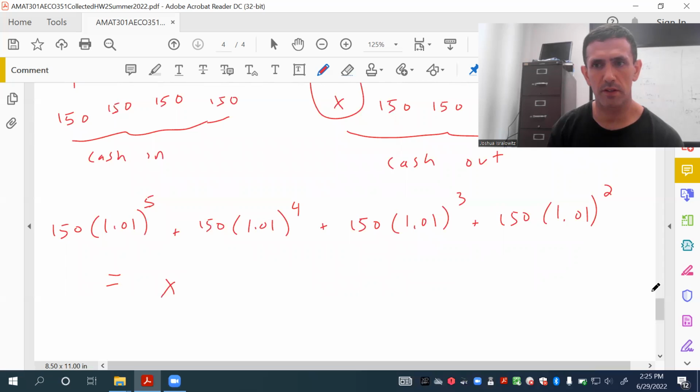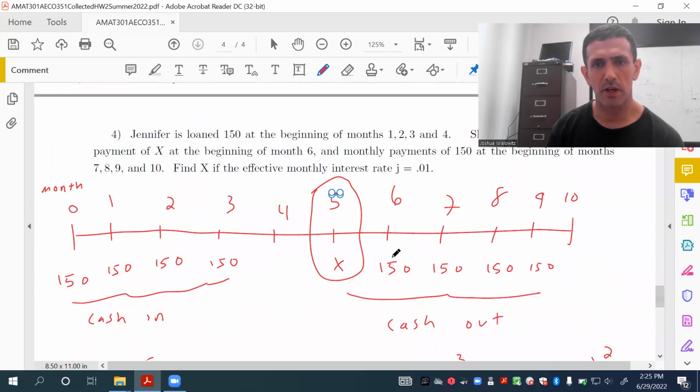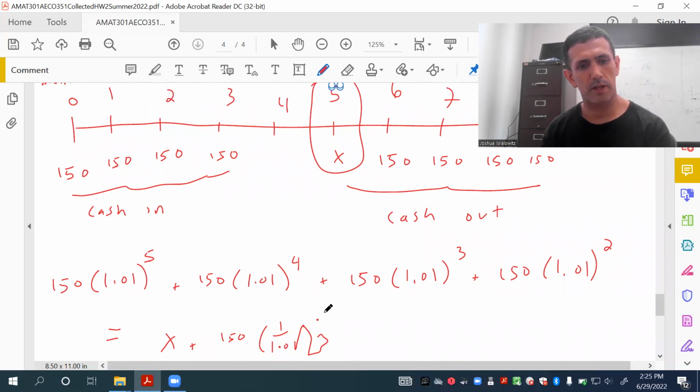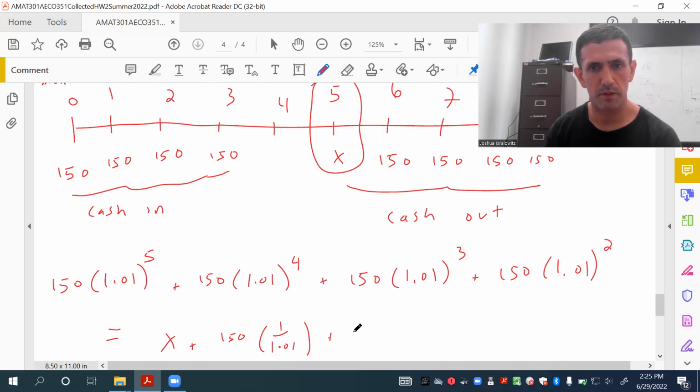X. So we have to discount the 150 by 1 month. 150 times 1 over 1.01. Discount the T equals 7 payment by 2 periods.